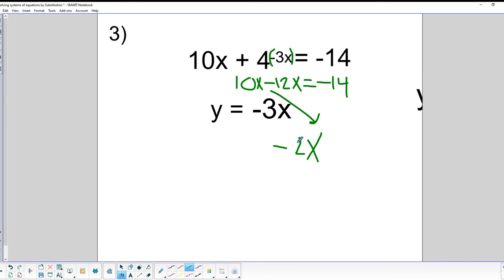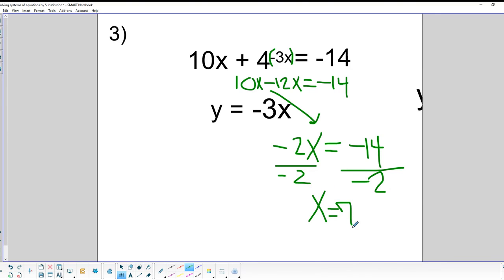And then 10x minus 12x is -2x, all equal to -14. So when we divide both sides by -2, we end up with our final x value of 7. Okay, so if we know that x is 7, we can take that 7, bring it back up, and substitute it in for this x right here in order to find out what our y value is.